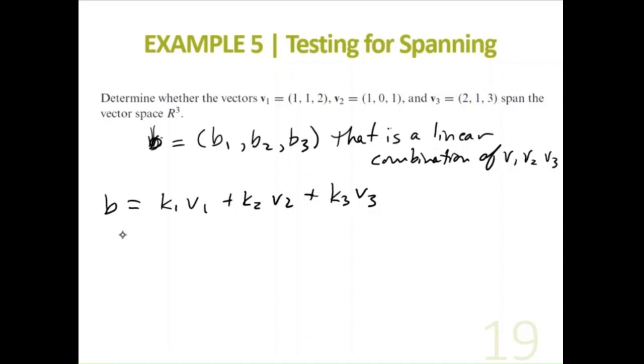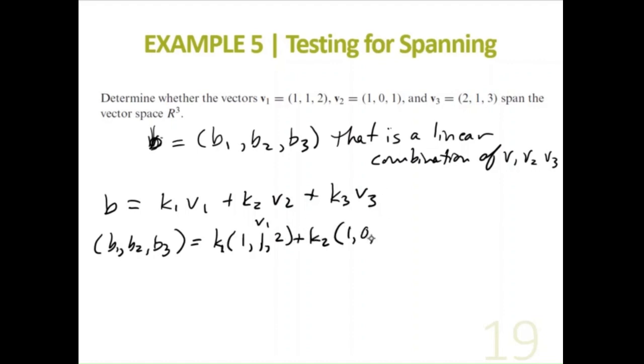If you write that out fully with all the components, we'd have the components of b here, and that's going to equal k1 times (1, 1, 2), which was your v1, plus k2 times (1, 0, 1), which was your v2, plus k3 times your v3, which was (2, 1, 3).